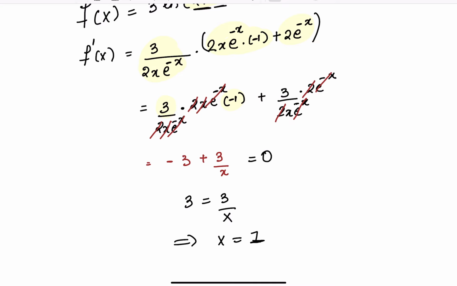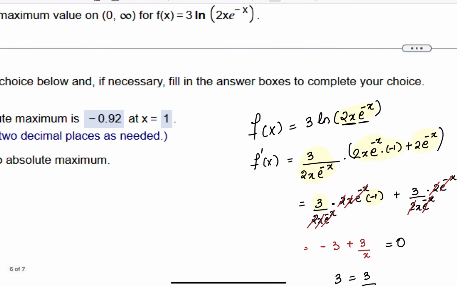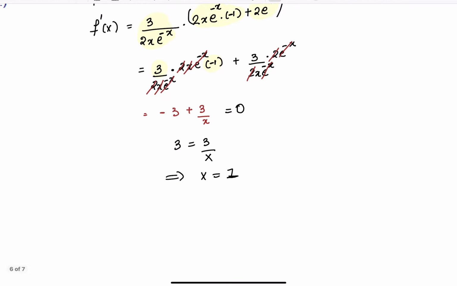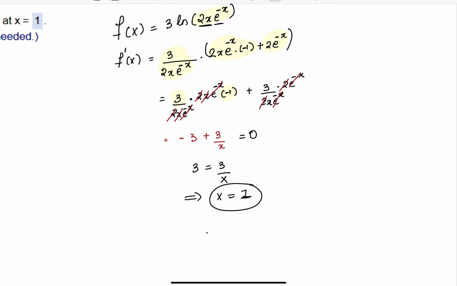Again, I'm not trying to find the second derivative because I really don't care if it's maximum or minimum, because they already specified it's the maximum. So once I have this, I will plug it into my function, which is 3 ln of 2 times 1 times e to the power negative 1.